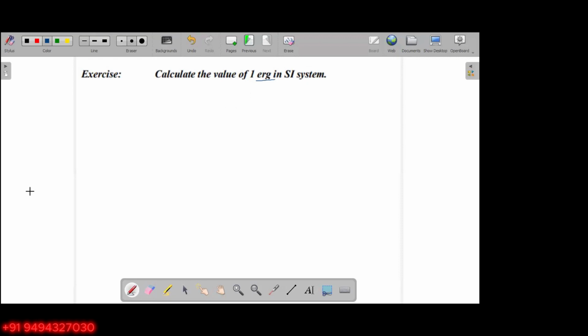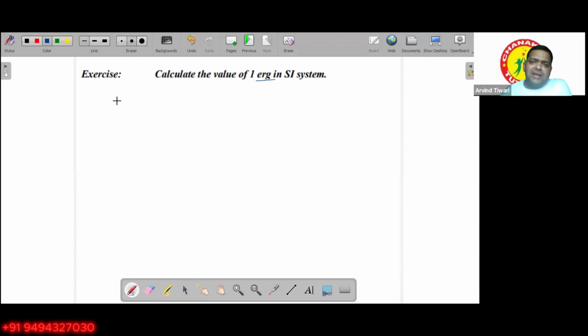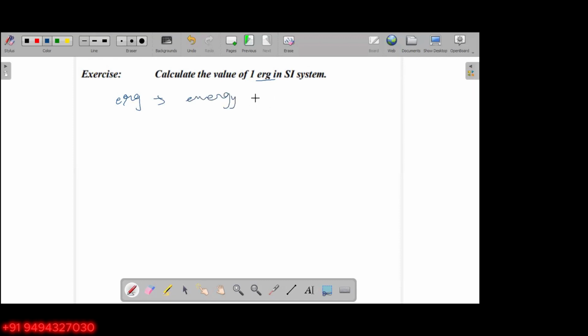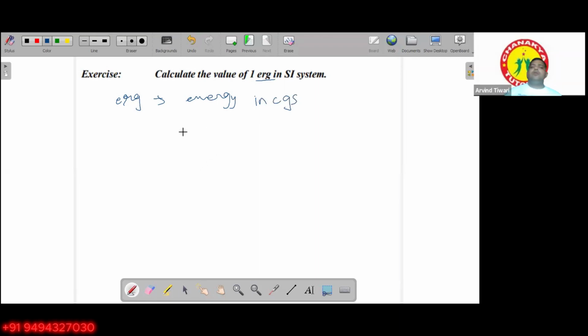No, sir. So erg is energy, right? We use erg for energy in CGS system. This is the formula for energy in CGS system, and we want to convert this to SI system of units.